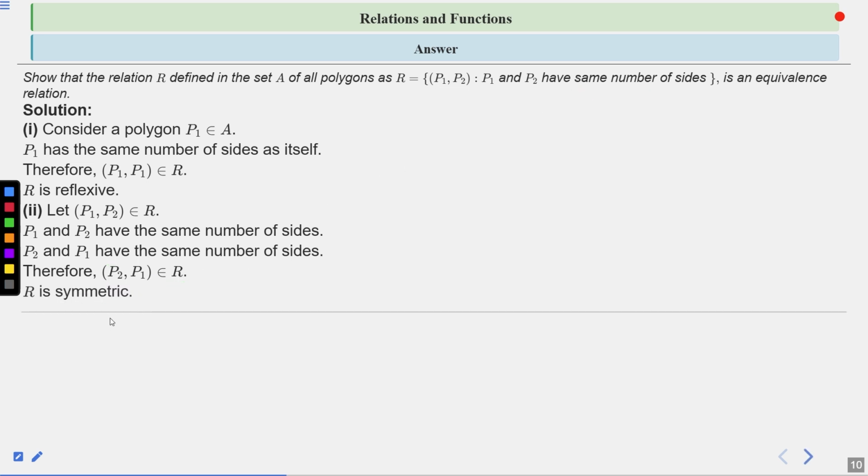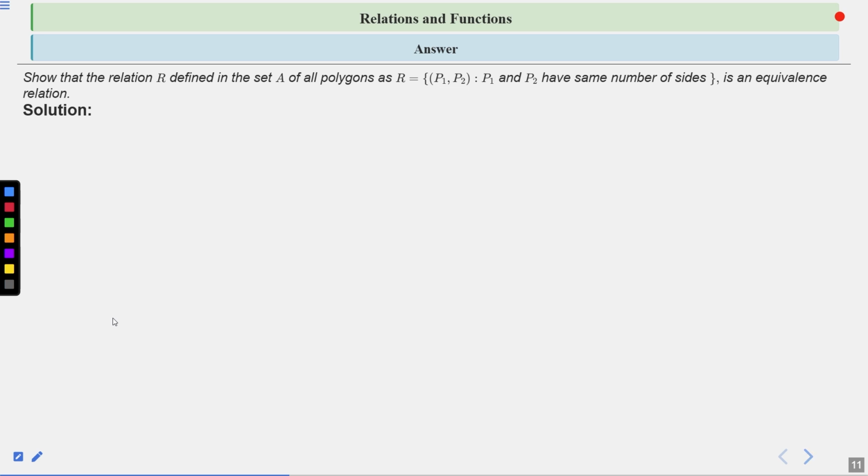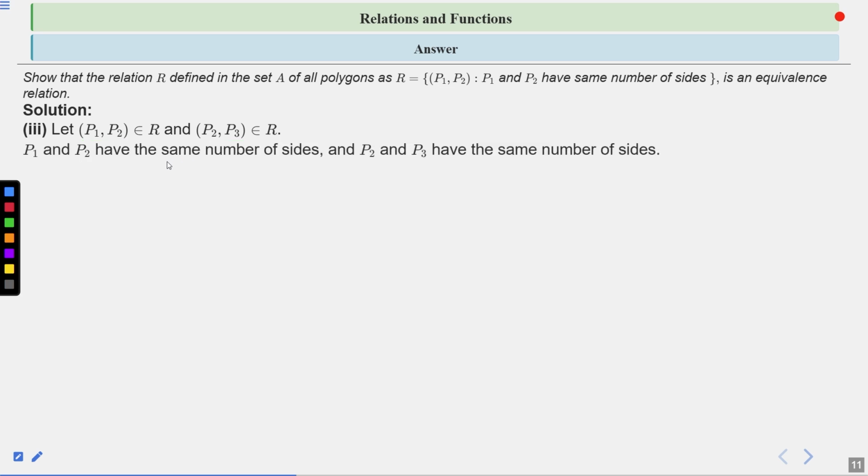Now R is symmetric. For transitivity, we start with two pairs, (P1, P2) belongs to R, (P2, P3) belongs to R. And we know from the first pair, P1, P2 have the same number of sides, and from the second pair, P2 and P3 have the same number of sides. Suppose P1 and P2 have n sides, then P2 has n sides. This gives me P2 and P3 also having n sides.